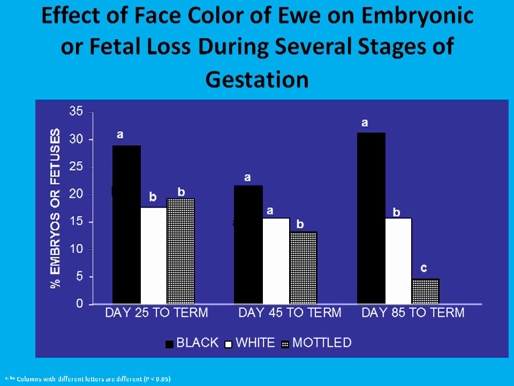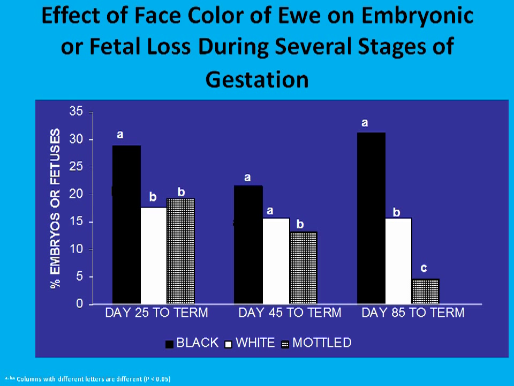We did this early study, and black-faced ewes were losing more of these embryos than white-faced ewes or the mottle-faced ewes, crossbreds. So I showed these data to a group like yourselves over at Monterey, Virginia, and one of the farmers said, is it because the black-faced ewes had a higher ovulation rate?